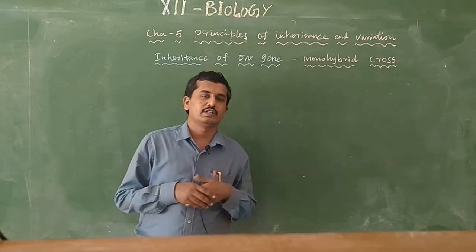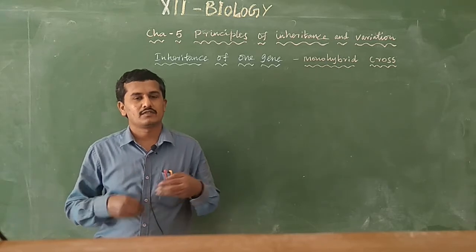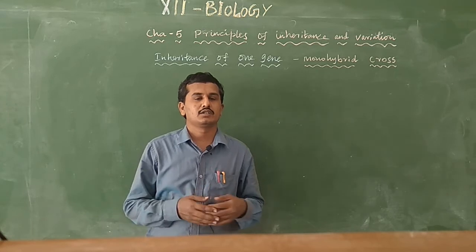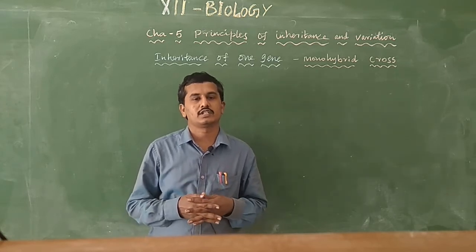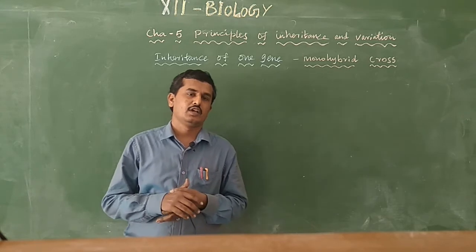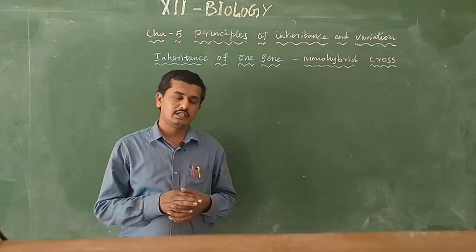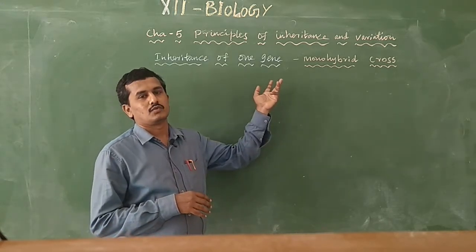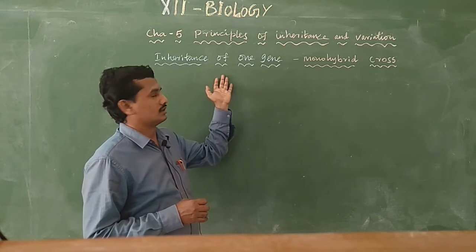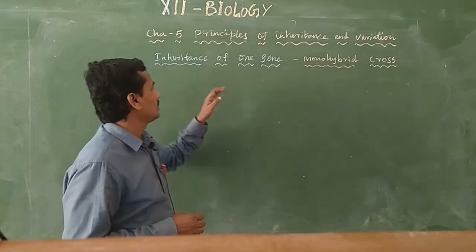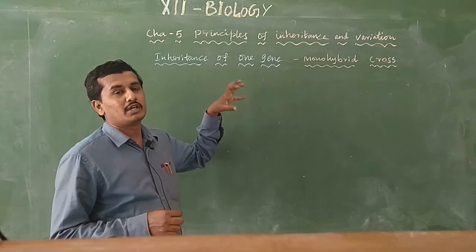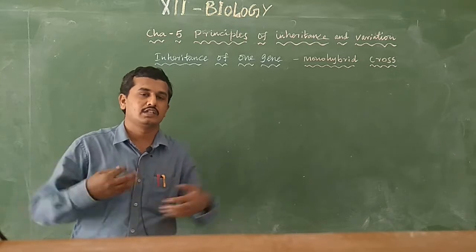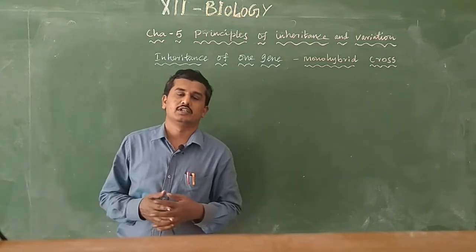Mendel performed various experiments, and afterwards, using mathematical knowledge, he formulated a graph-like structure. This concept is known as the monohybrid cross. In this topic, we learn how a particular gene inherits the character to the next generation, and what changes occur in that generation.